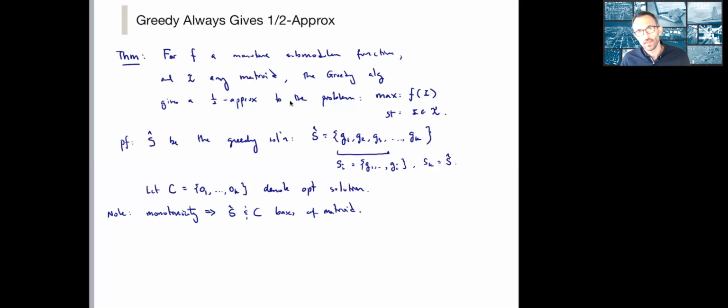Now, in one of our later lectures on Matroids, and in particular leading up to talking about Matroid intersection, we proved something stronger than the exchange property.